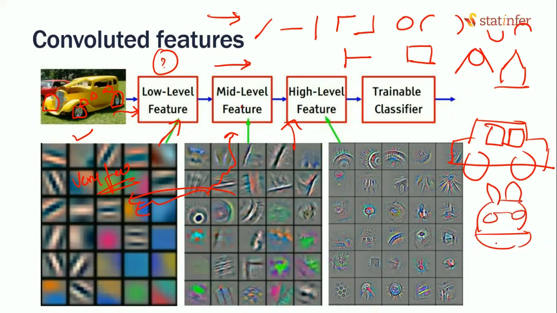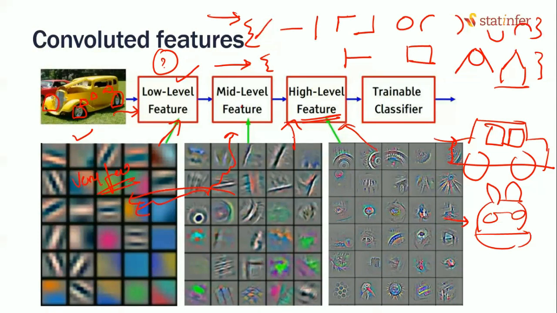Once you have low level features detected, straight lines, edges, once you have mid level features detected, once you have high level features detected, then you are ready for classification. Once I have the features of the car and the cat, the classification will be easy.